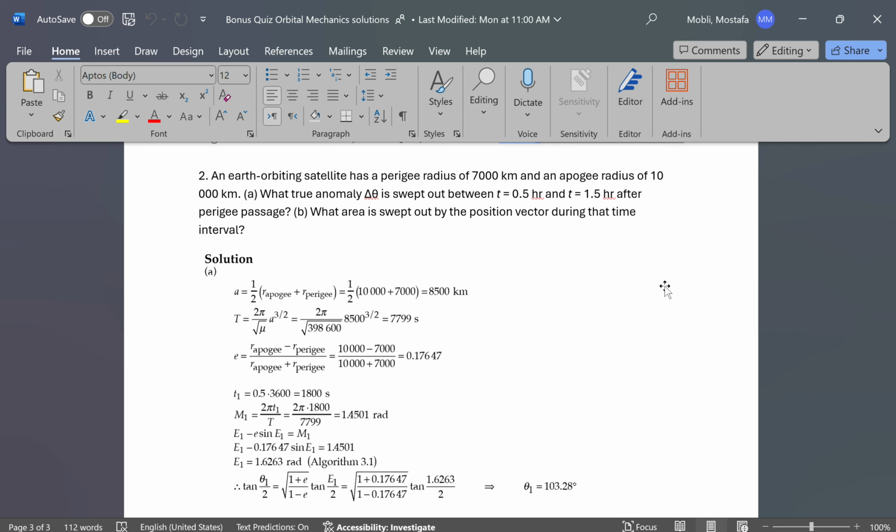Okay, so you plug t in, you get a mean anomaly of the orbit. What is the next step? What is the relationship between the mean anomaly of the orbit and E, the eccentric anomaly? Kepler's equation, which is mean anomaly equals E minus eccentricity sine E. Exactly.